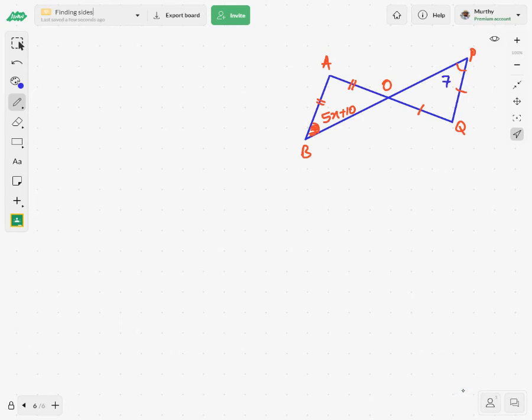Let me make it 70 degrees. So angle P is given as 70 degrees and angle B is given as 5x plus 10.